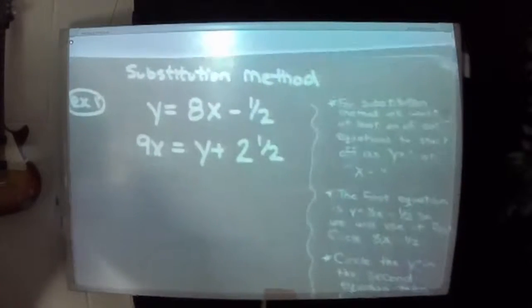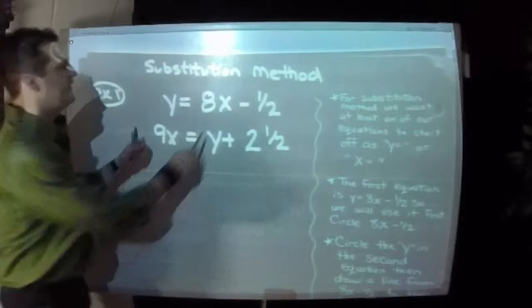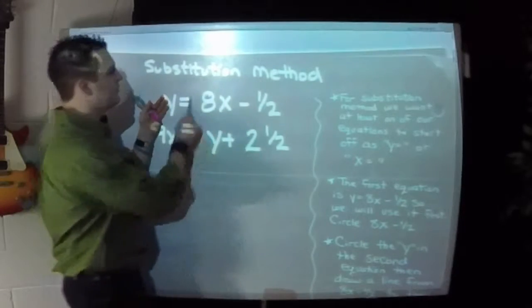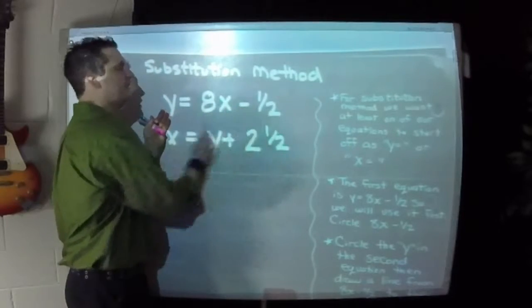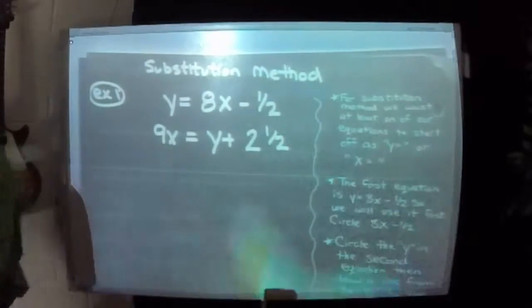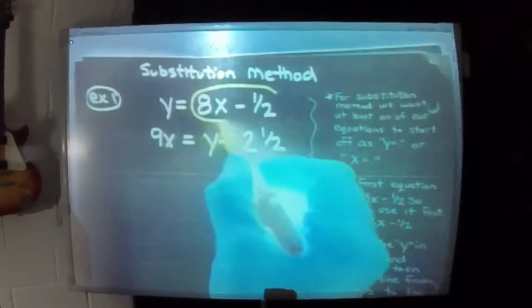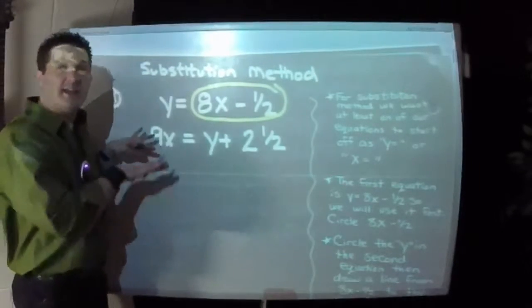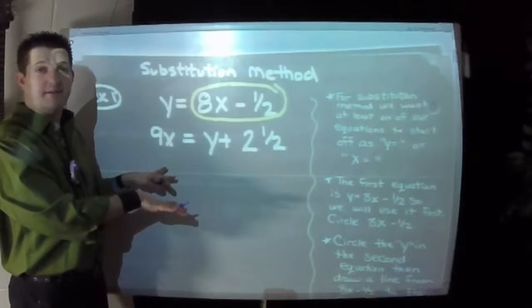What I want you to do is circle the right side. This is the one we're going to use. This is the y equals. So we're going to circle the right side. Substitution is all about circling and then subbing. So circle this. The next thing I want you to circle is look in the other equation and find the letter y.